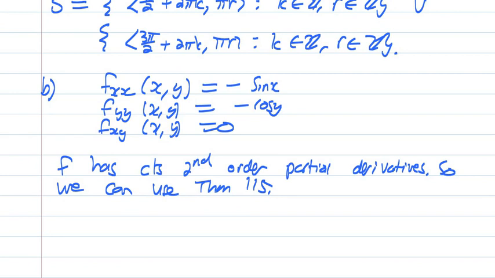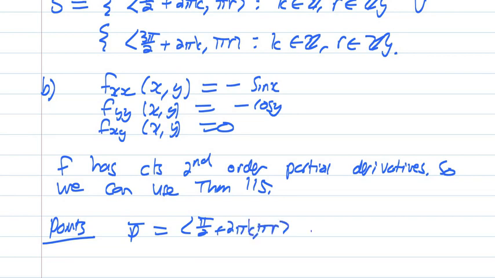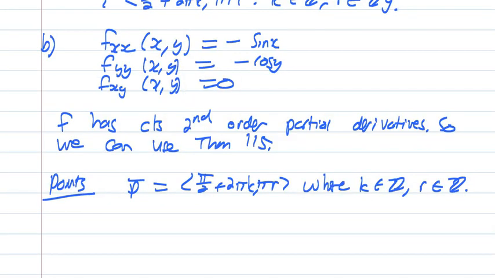Now I'm going to look at two cases. I'm going to start off by looking at the points where p is pi over 2 plus 2 pi k, pi r, where k is an integer and r is an integer. Let's start by evaluating d.